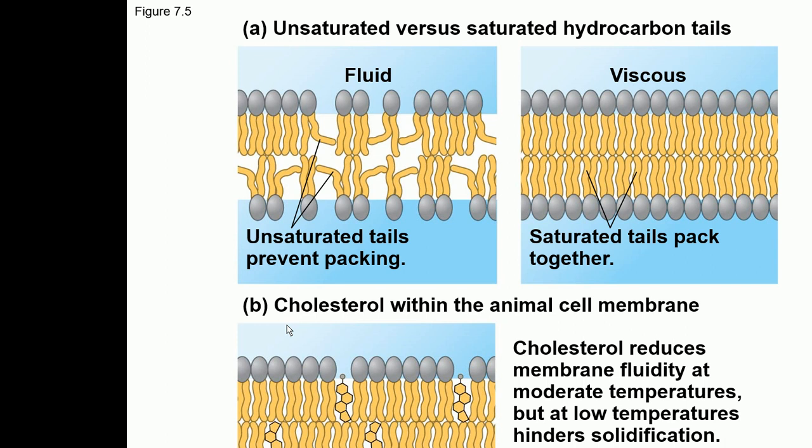So that's the function of cholesterol: it acts as a fluidity buffer. Because it's sitting in between the phospholipid bilayer, it does not let the bilayer become solid when it is winter, and it also does not let the phospholipids move very fast when it is summer.